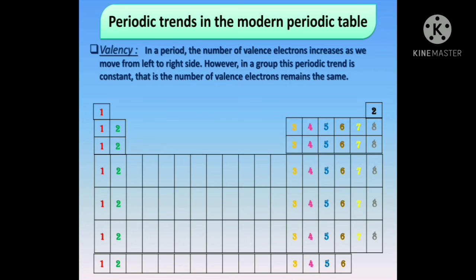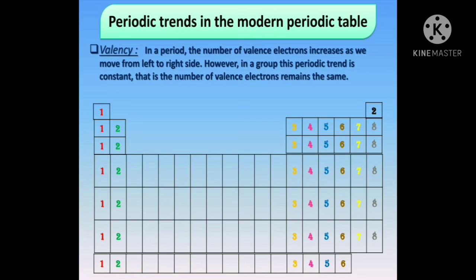Here, only the valence electrons in the periodic table are given. If we go down the groups, that is from top to bottom, we will see that in every element, the number of valence electrons is the same. That is, group 1 with 1 valence electron, group 2 with 2 valence electrons, and so on.